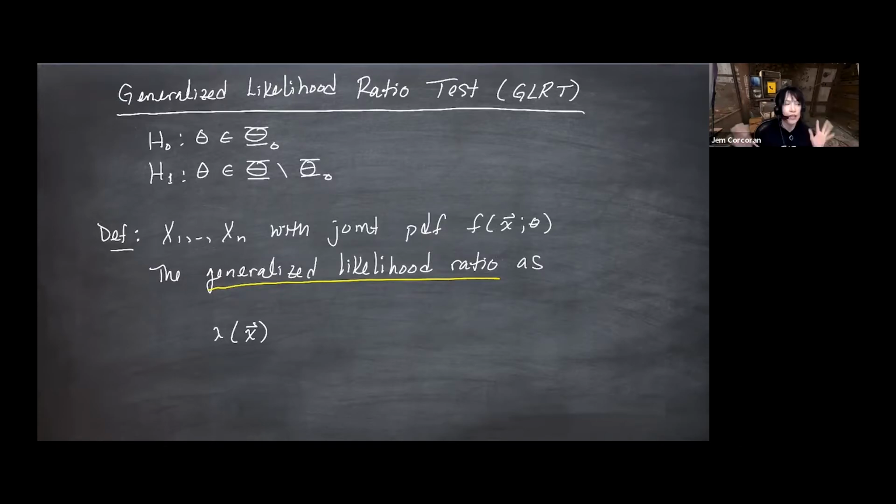We want to do the really crazy tests, like the null hypothesis is that theta is in this bizarre union of disjoint sets or something like that. So this is defined to be the likelihood function evaluated at something I'm going to call theta naught hat, which I'm about to define, over the likelihood function evaluated at some theta hat.